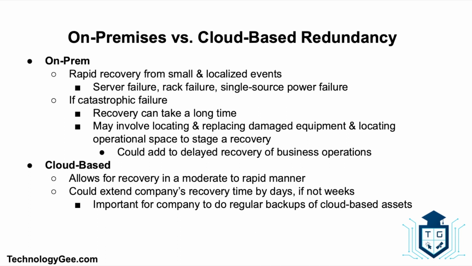And then we have cloud-based redundancy. This allows enterprises to recover in a moderate to rapid manner depending on the deployment of the resources. Cloud-based failures could extend a company's recovery time by days, if not weeks. Therefore, it is of extreme importance for a company to regularly back up its cloud-based assets.